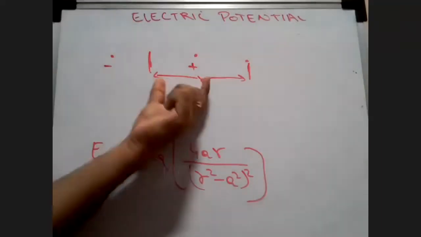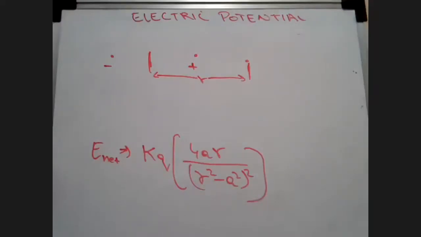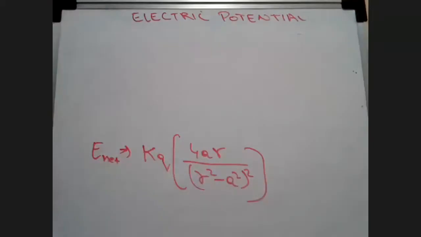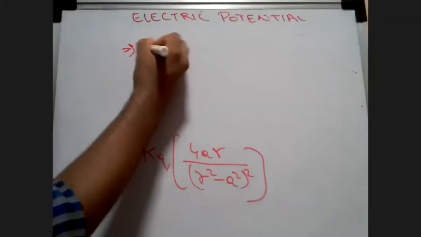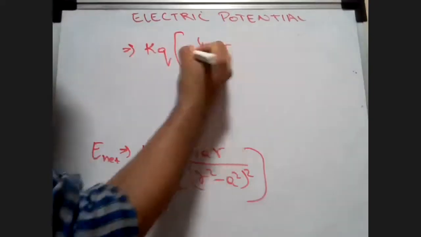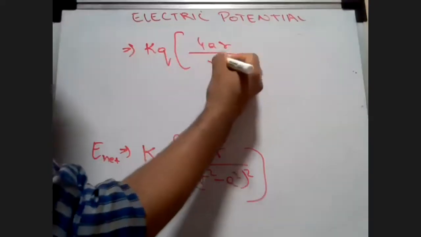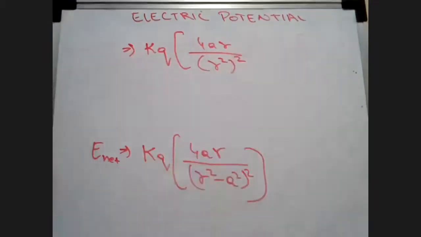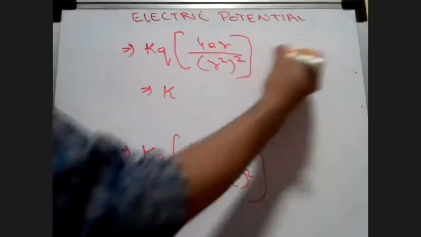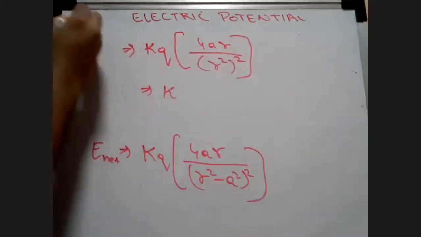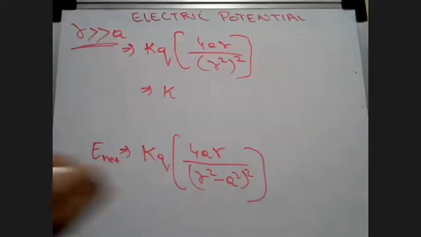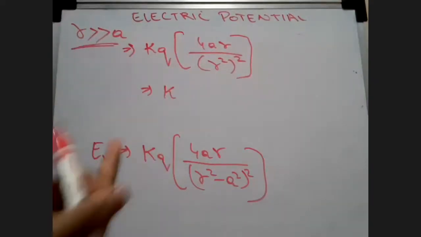So let's neglect a. If we neglect a, we get kq times 4ar upon (r square) whole square. I'll write the condition here that r is extremely greater than a; only in that case will you be able to do it.